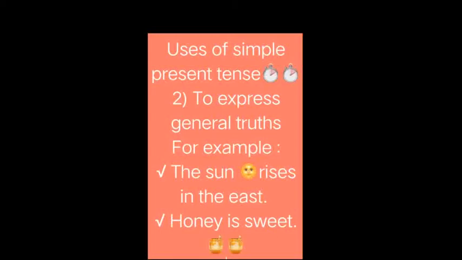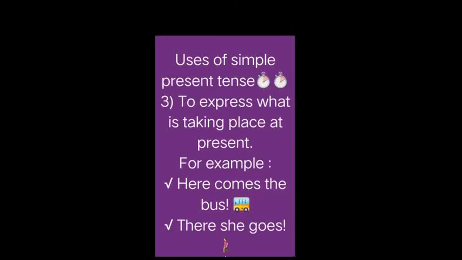Another example of general truth can be, fortune favors the brave. So this is another general truth, and that is why it is expressed in simple present tense. Now let us discuss another use of simple present tense, and that is that it is used in exclamatory sentences.